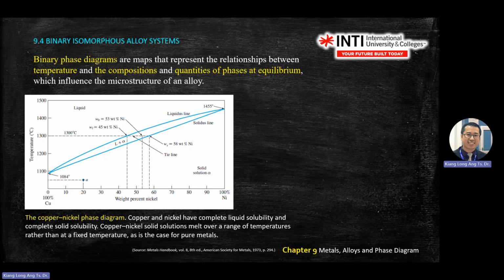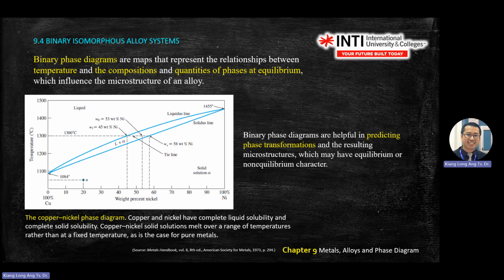If you want to get solid, between copper and nickel, you mix at any percentage as long as you are within this region, at a temperature below this blue line, you get solid. Okay. So this is to predict the phase transformation in the microstructure.